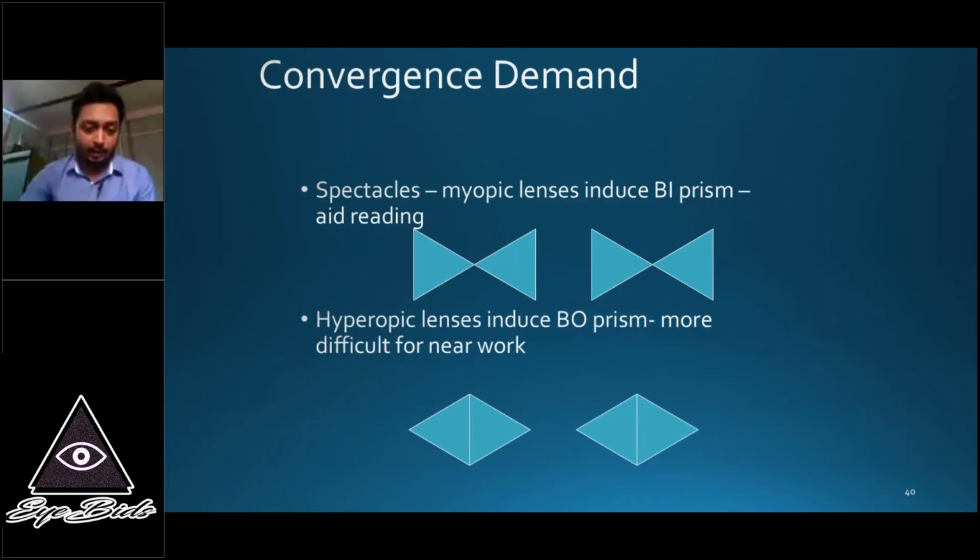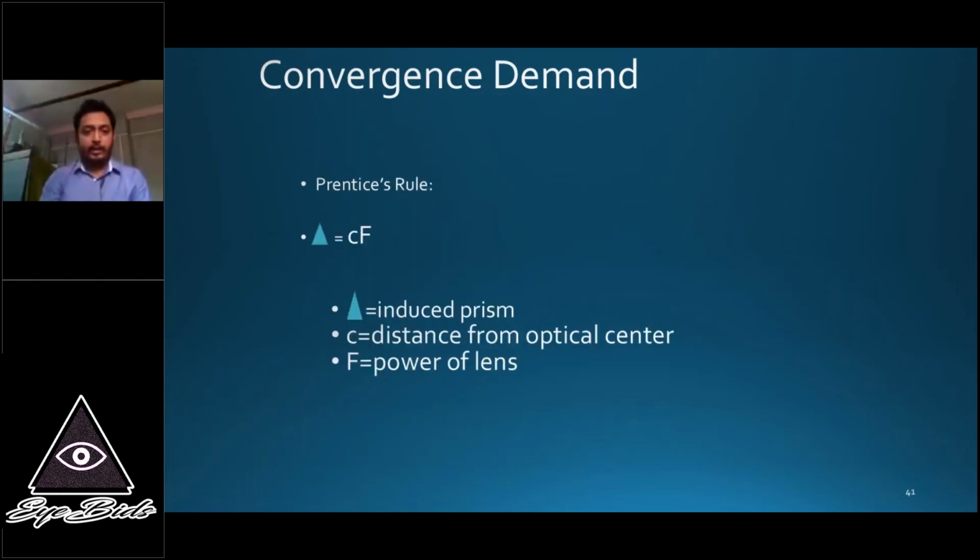For them it will be very easy. So when any myopic patient is wearing the contact lens, the demand of convergence will be a little bit more. But where the patient is wearing the contact lens in hyperopia, the demand of convergence will be a little bit less.